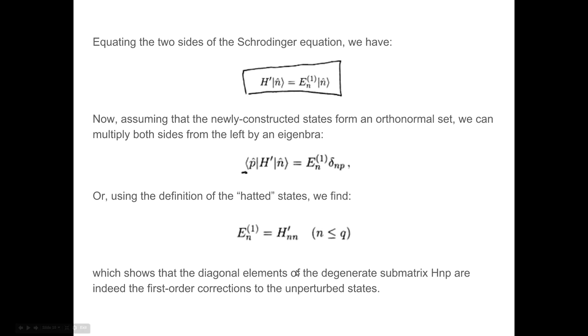It takes the same basic form that we found in non-degenerate perturbation theory: the first order energy shifts are the diagonal matrix elements. Here we just had to go through the extra step of actually diagonalizing the Hamiltonian.